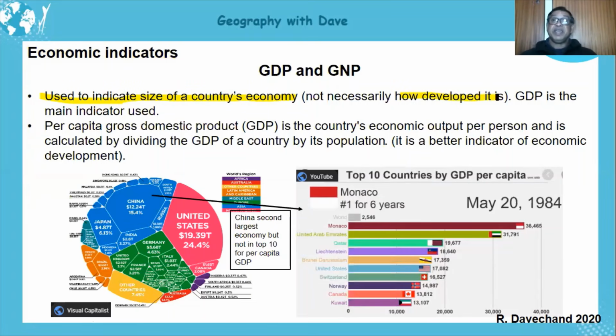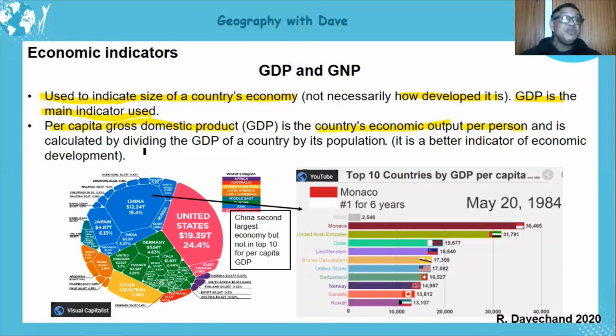I'll show you examples just now. The GDP is the main indicator, more than the GNP. But let's bring in another concept: per capita gross domestic product, or GDP. What is this? It's a country's economic output per person.